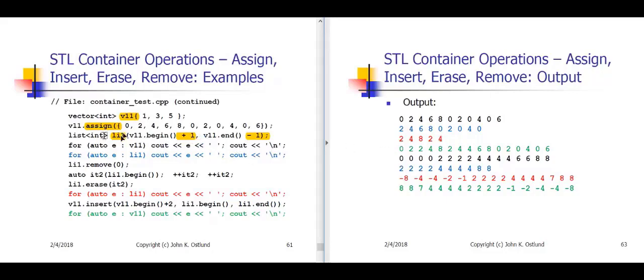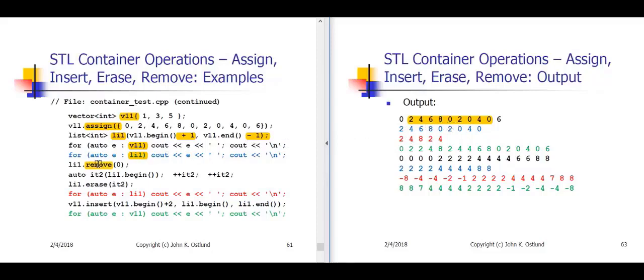Now recall that if I construct a container specifying a beginning iterator and an ending iterator, then everything from the beginning iterator up to but not including the ending iterator is included. So in this case, what's going to be included is everything from the 2 up to but not including the 6. All right? Here in this black range for loop, I'm displaying v11. That's this first line of output. And then in this blue range for loop immediately below it, we're displaying the contents of li1, which is this subrange of what's in v11.